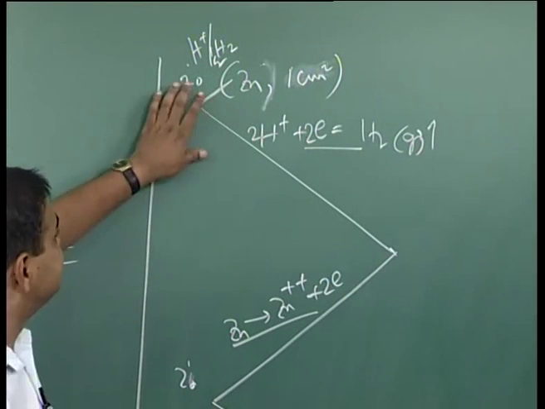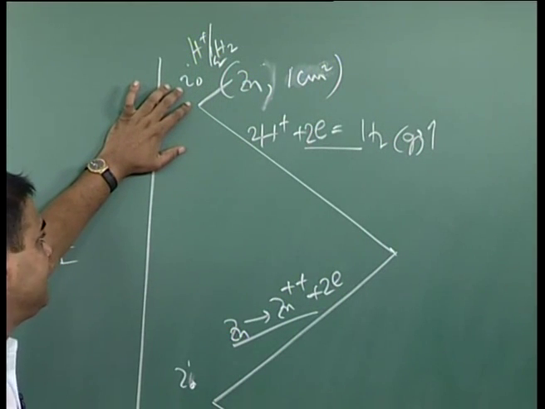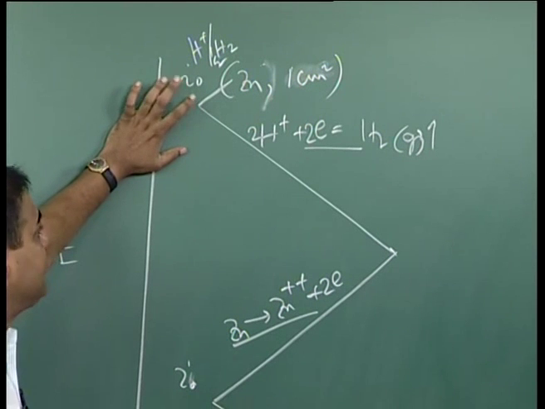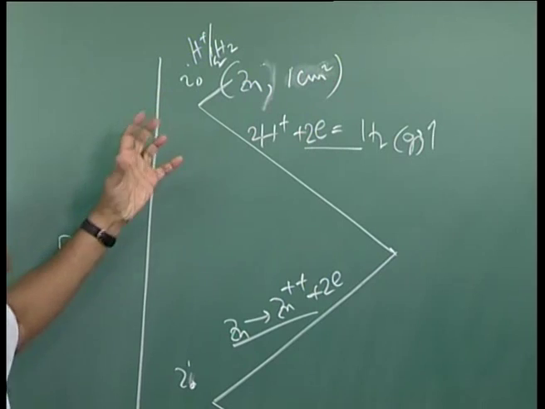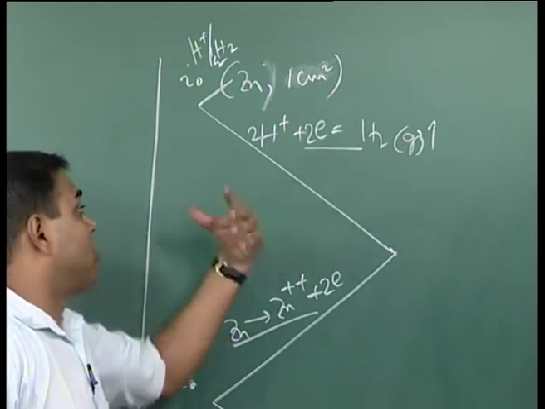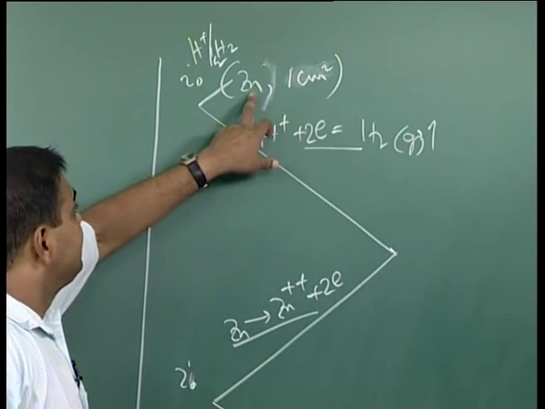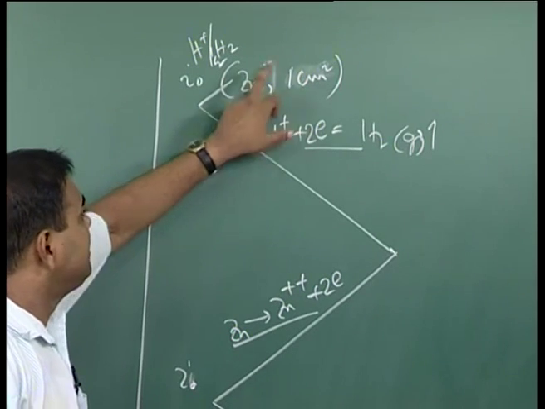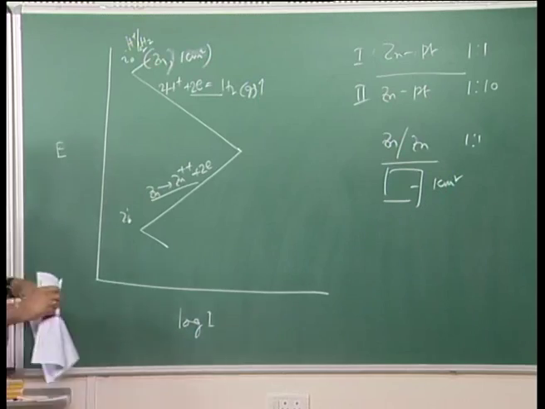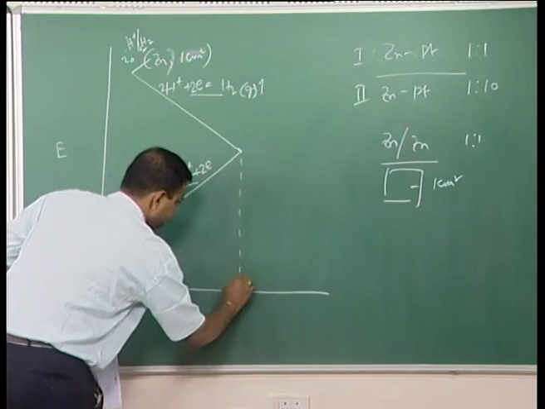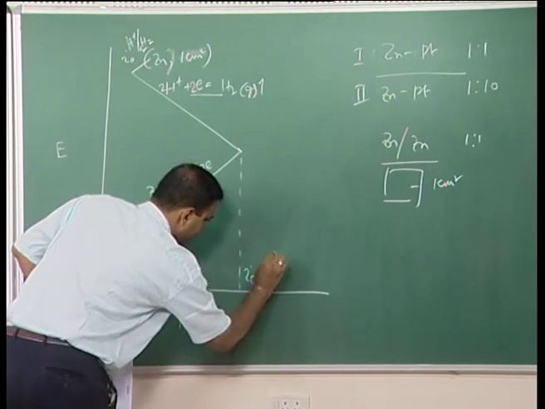So, that means this current density is nothing but the current density of the hydrogen evolution reaction, or hydrogen reduction or oxidation reaction. In that case it is happening on zinc, and the zinc area is 1 centimeter square. Now, this is my corrosion current, I cor.